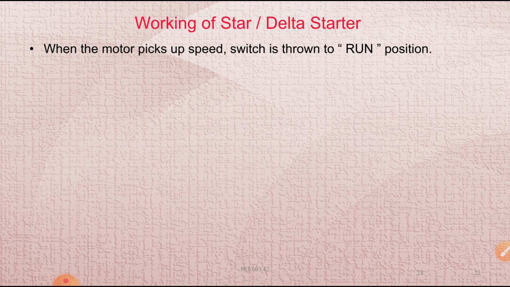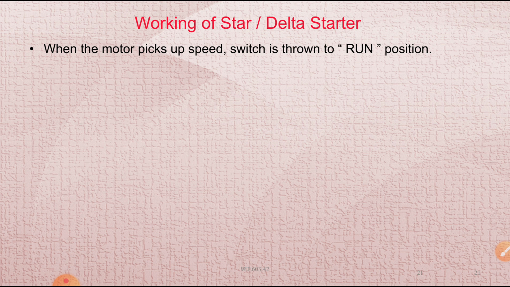When the motor picks up speed, the switch is thrown to the run position. Hence, the stator winding gets connected in delta fashion. Then V phase is equal to V line, that is the rated voltage of the motor. Each phase of the winding gets the rated voltage, nearly 400 volts.